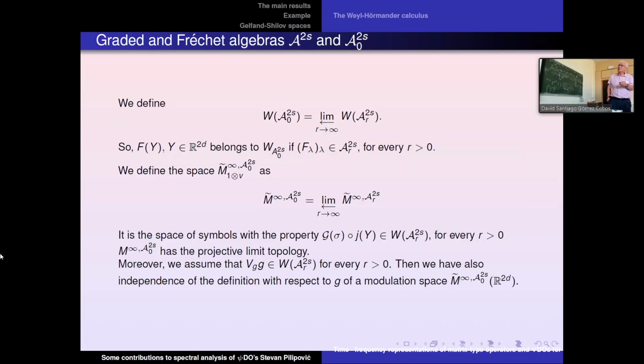And then you have some properties that you should use for the window. This is not so important at this moment. Let me just repeat that this space is a projective limit of modulation spaces.